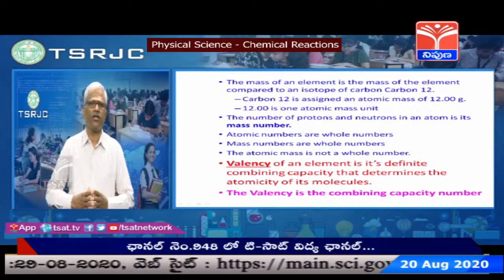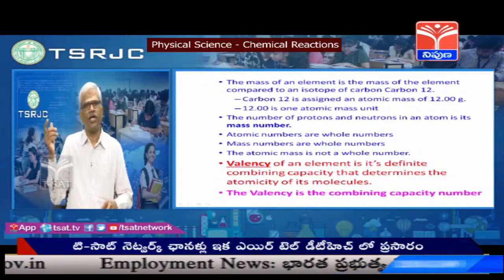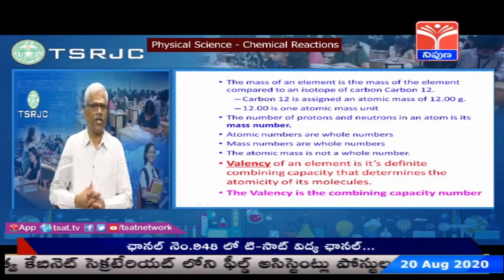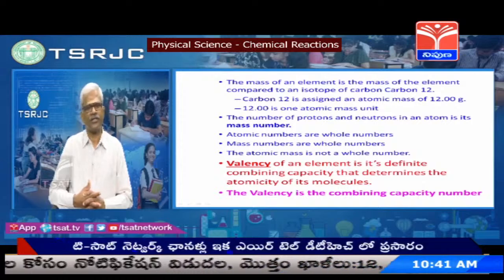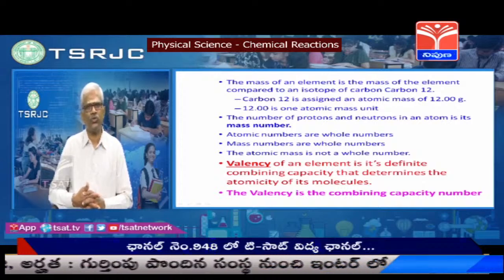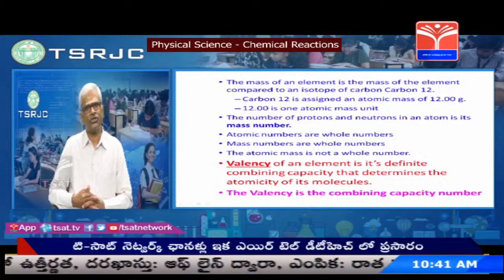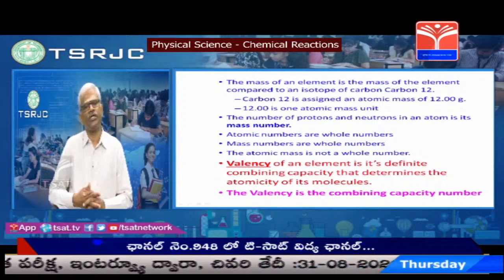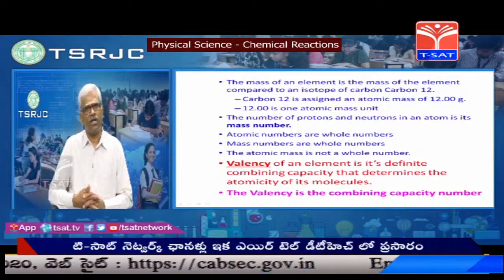Also, when that atom combines with any other atom, again it shows a different number of atomicities sometimes. For example, sulfur shows the atomicity 2 and also 8. Similarly, phosphorus shows atomicity 3 in some reactions, and during some other chemical process it will show the atomicity 5.